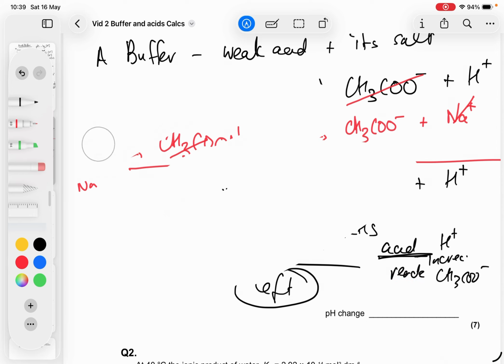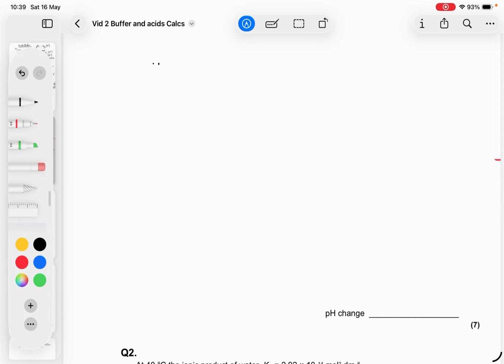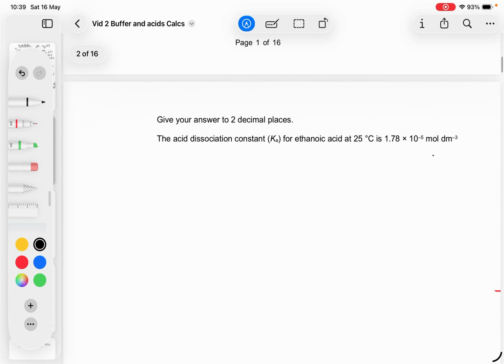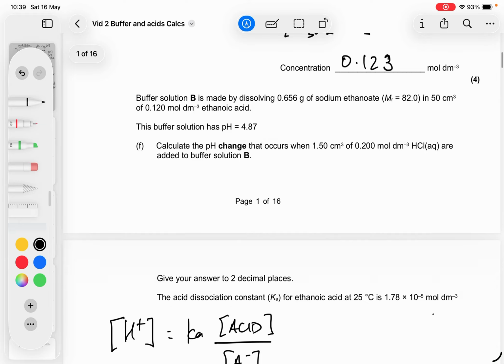Okay, now let's look at the calculation. Now please come up with this expression. To work out the pH of a buffer, H+ equals Ka times acid over the salt. The question states 0.656 g of sodium ethanoate.